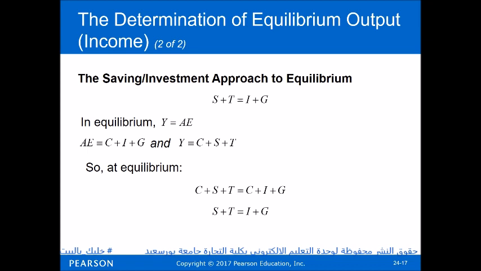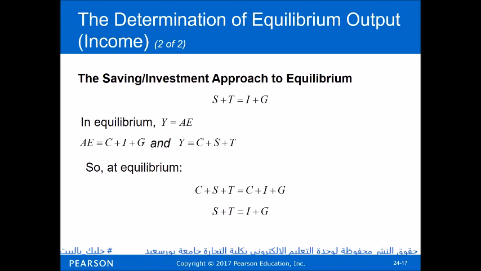The equilibrium condition using this second approach says simply that equilibrium occurs when the sum of saving and taxes is equal to the sum of investment and government spending, or algebraically, the equilibrium based on the second approach occurs when S plus T equals I plus G. So that equation is just the equilibrium condition when we use the second approach.